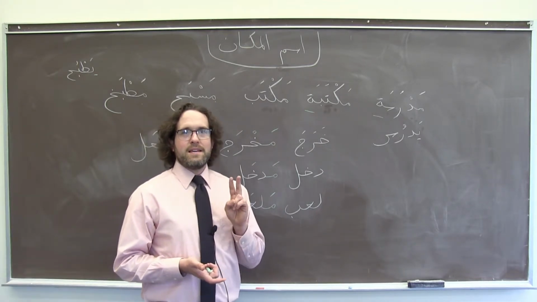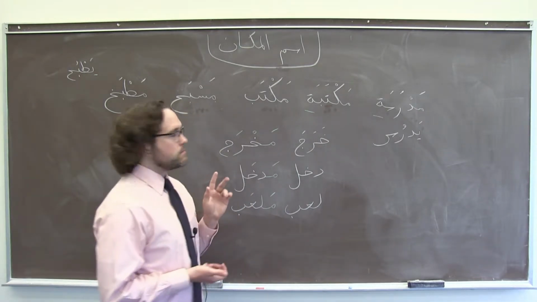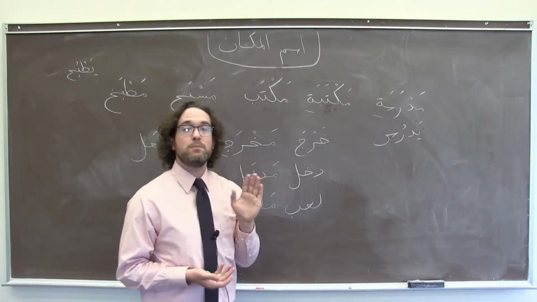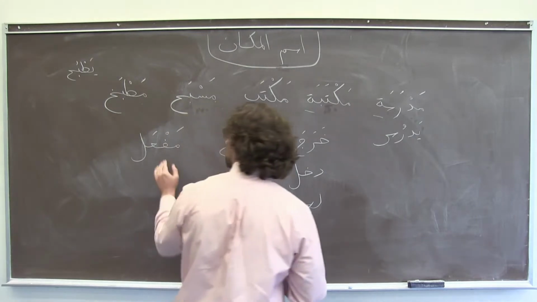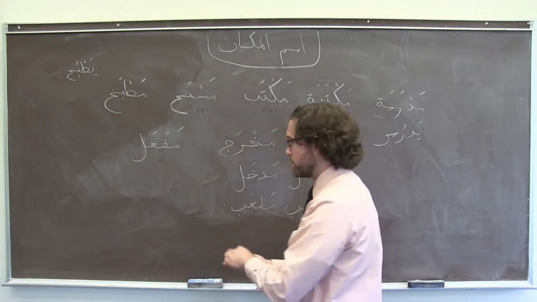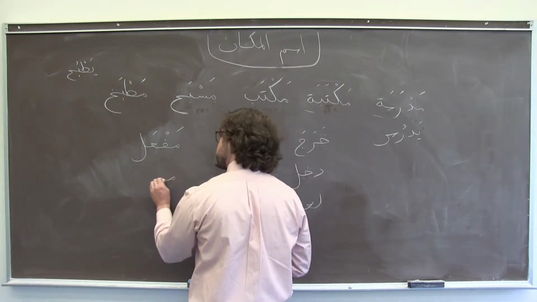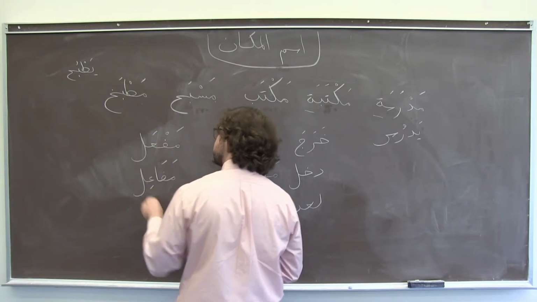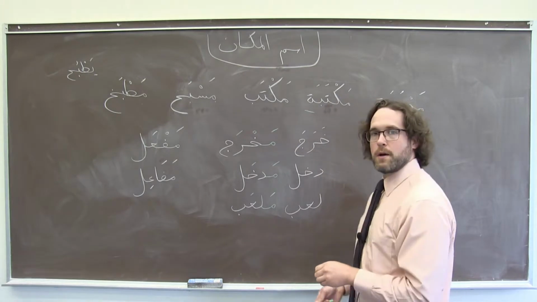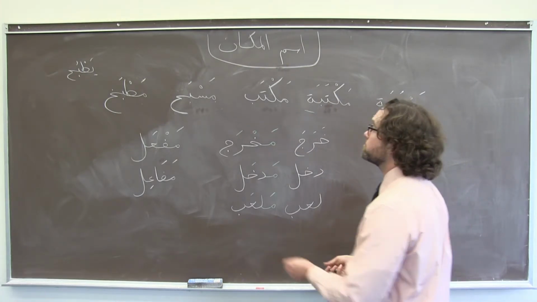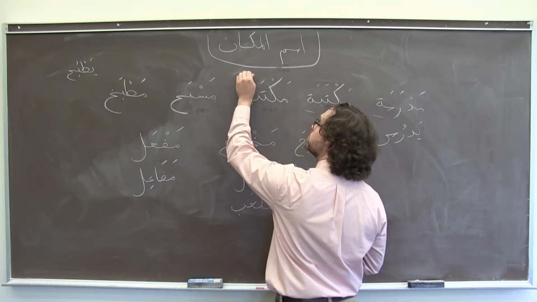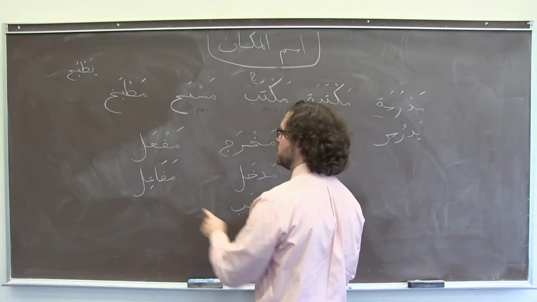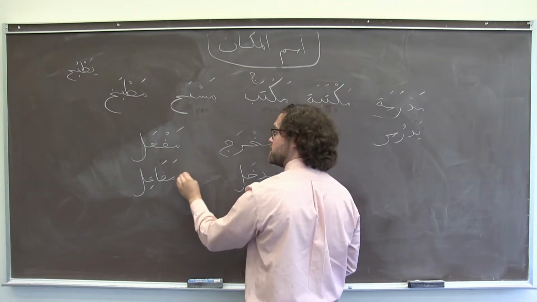The other little wrinkle, the plural of asma makan tends to be pretty regular, and it's built on a slight modification of this pattern, mafa'il. So if we want to talk about multiple offices, for example, maktab, I take the same word and I plug it into this pattern instead for a plural.